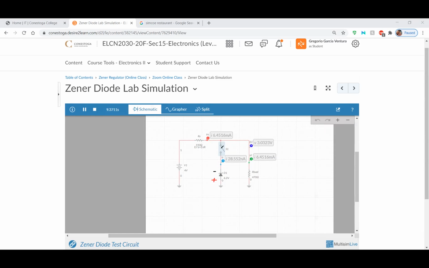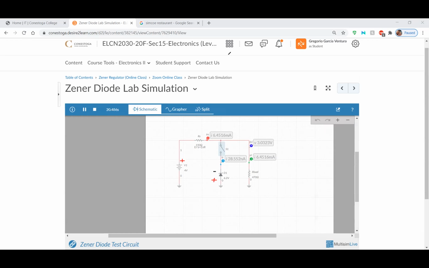The negative terminal of the Zener diode, through the switch, is connected to the positive terminal of the power source, my battery. The positive side is connected through the source resistor, RS, and the Zener diode is connected in parallel with the load, and in a reverse biased fashion to the power source.